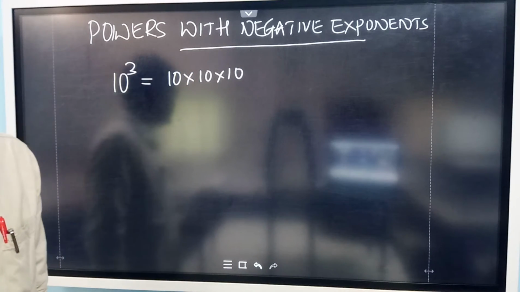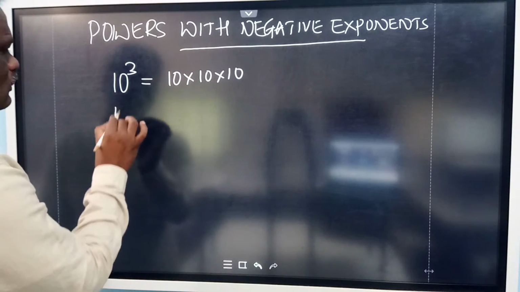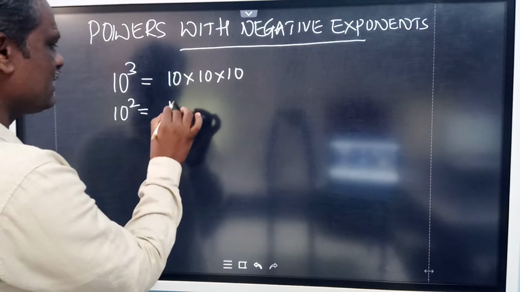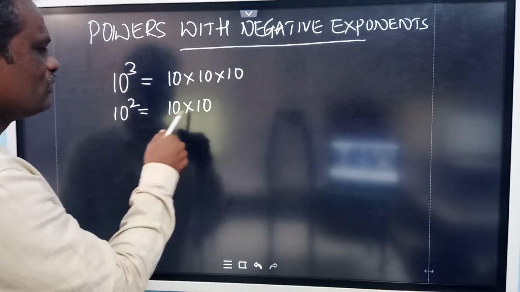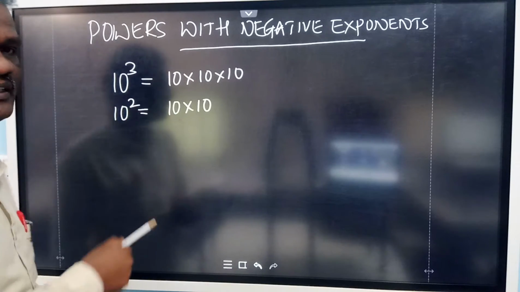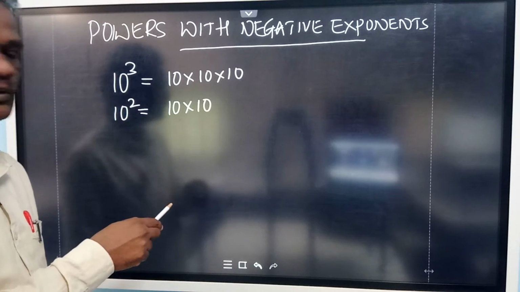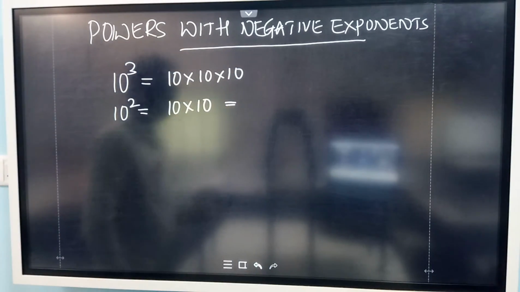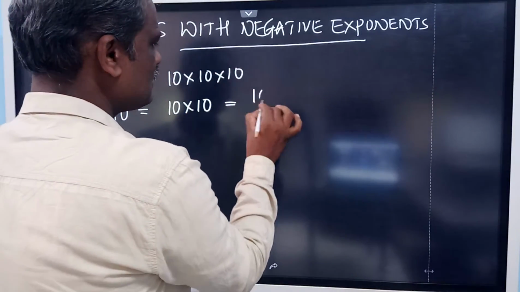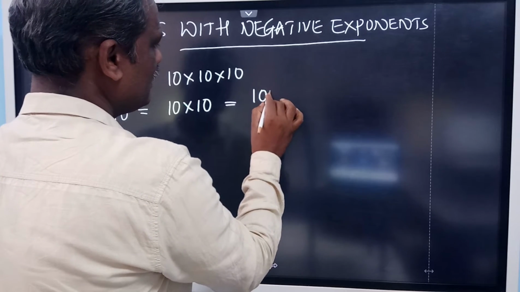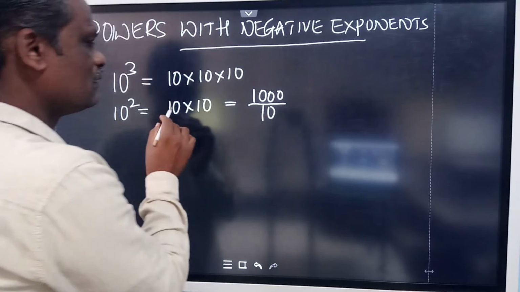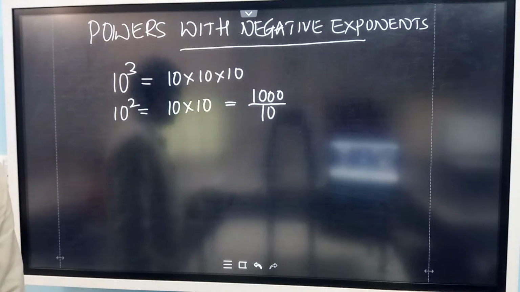Then 10 to the power 2 is 10 into 10. How do you get 10 to the power 2? See, what is the difference between 10 raised to the power 3 and 10 raised to the power 2? If you divide 10 raised to the power 3, which is 1000, by 10, it gives you 10 to the power 2.